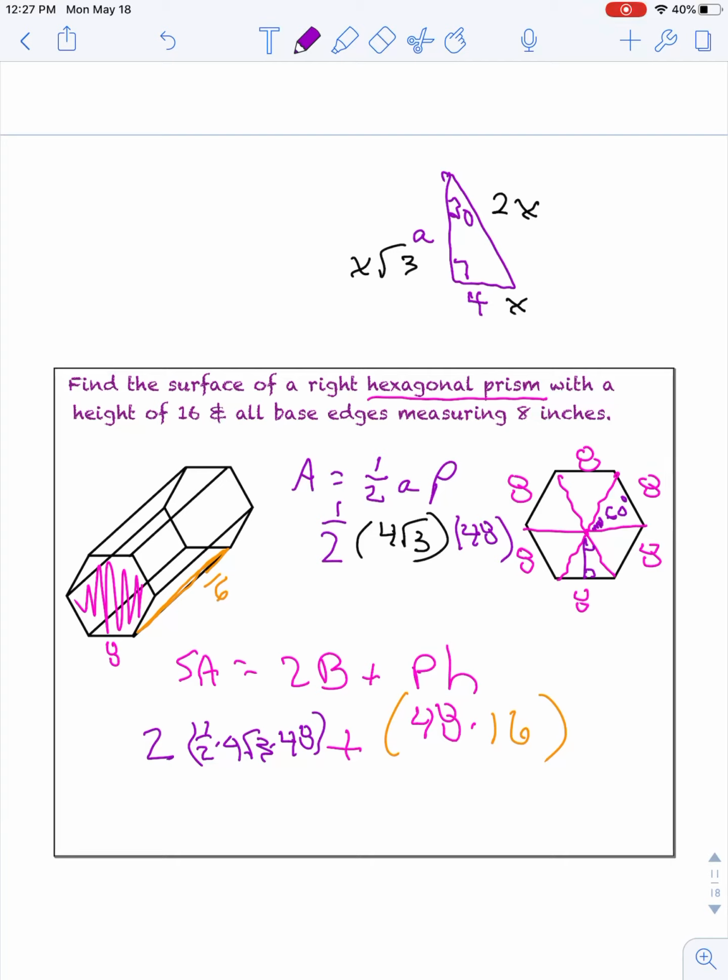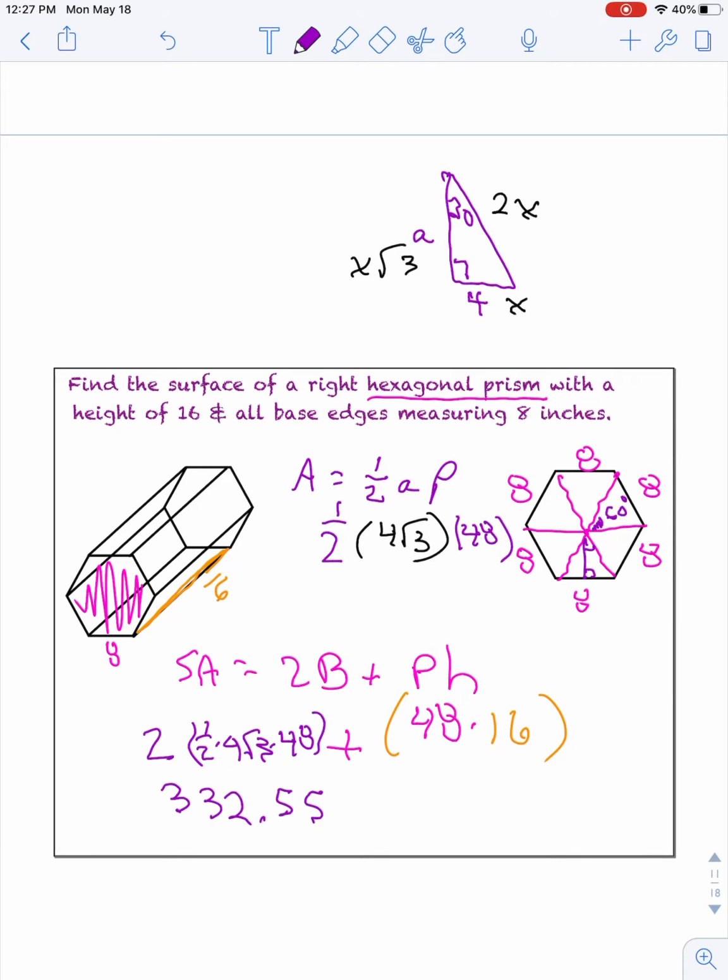So if we go ahead and calculate all this out, we have 0.5 times 4 root 3, and then we multiply that by 48, and then multiply it by 2, and that gives us 332.55.